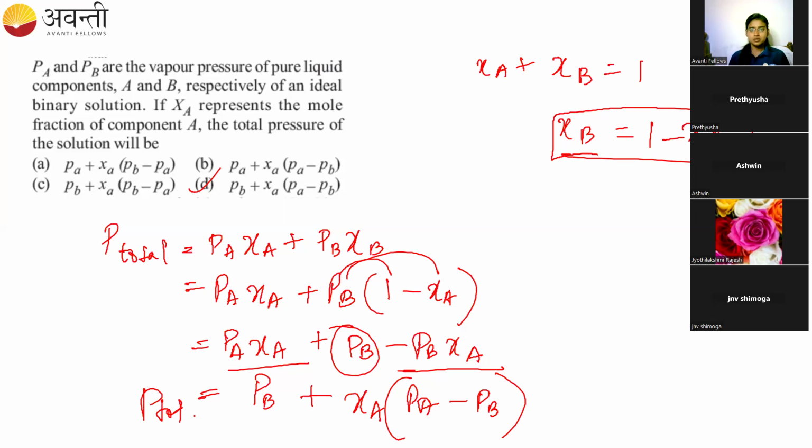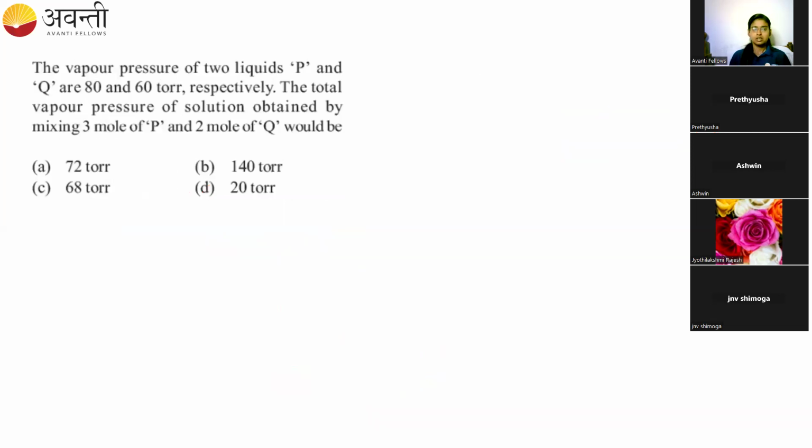Now coming to the next question. The vapor pressure of two liquids, P and Q, are 80 and 60 torr. Torr is a unit of pressure, okay? So the total vapor pressure of the solution obtained by mixing 3 mole of P and 2 mole of Q would be? What is given in the question? Vapor pressure is given and the number of moles are given. From this we have to find out the total vapor pressure.